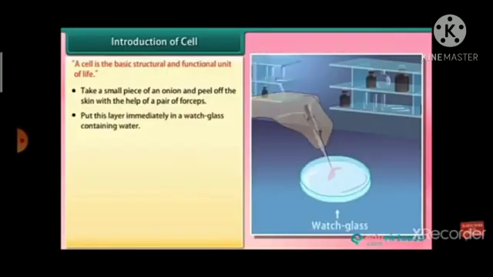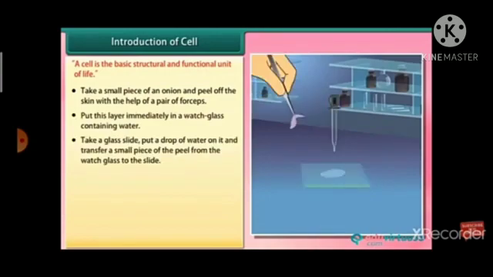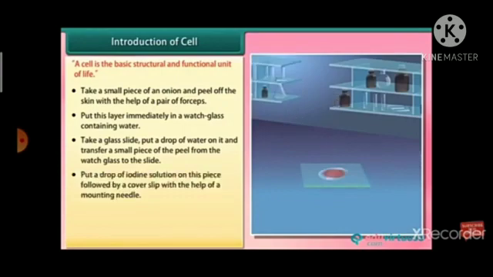Let's do an activity. Take a piece of onion and carefully separate the thin skin from its concave surface with the help of forceps. Place the membrane on a glass slide and put a drop of water on it, or put a drop of dilute solution of iodine.